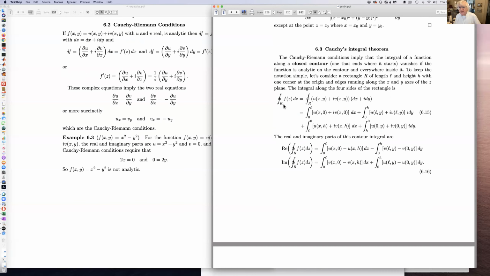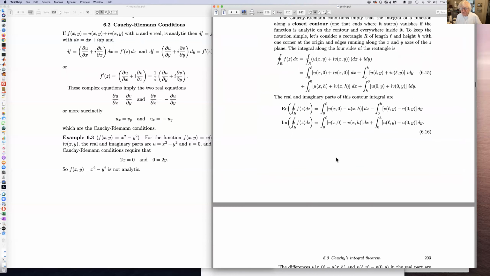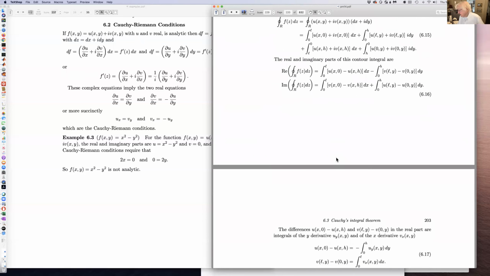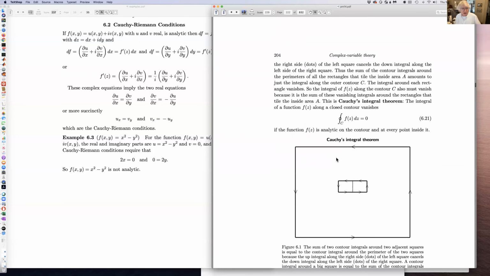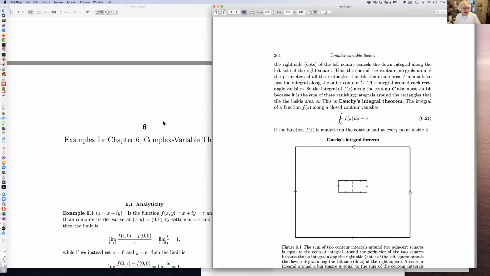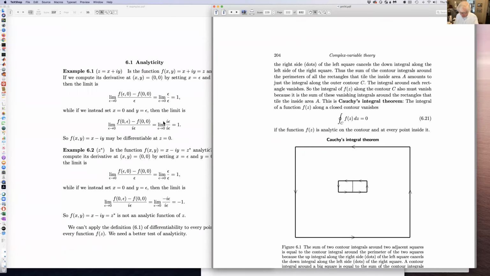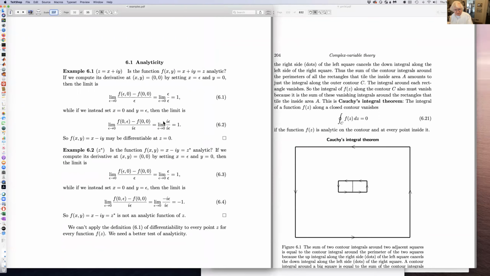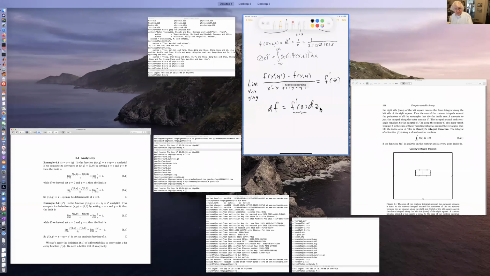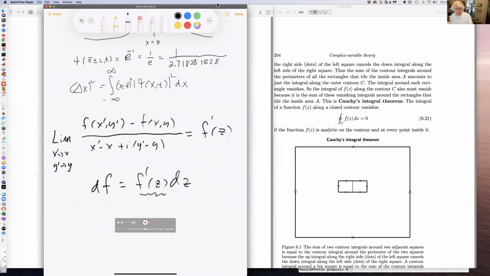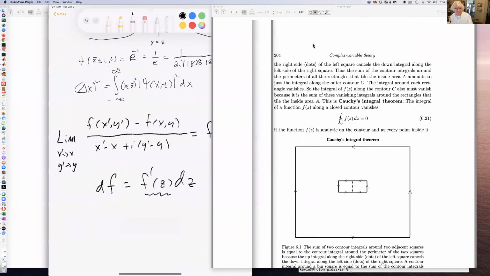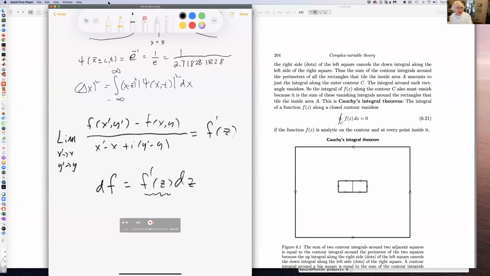which I called a rectangle R, length L, height H, and for simplicity I'm putting the corner at the origin. Let me see, the nice description of that was over here.